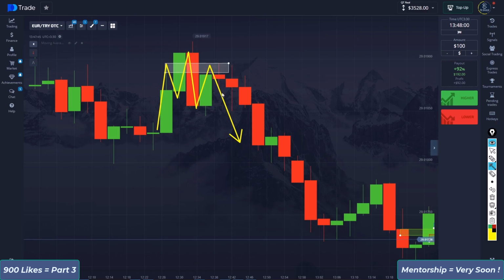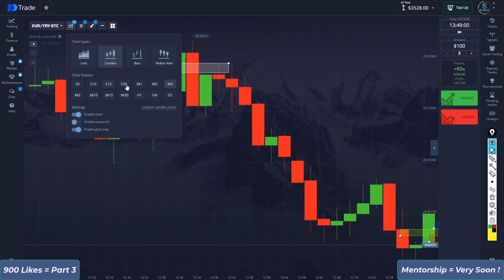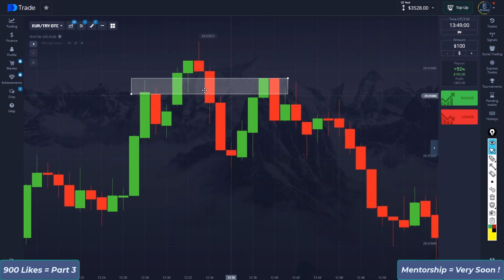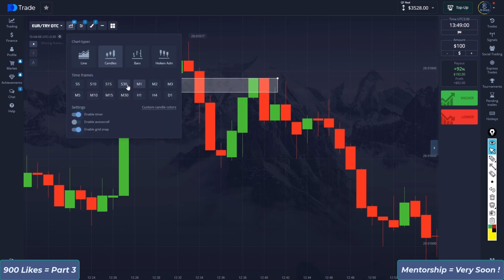Okay, as you remember from the first episodes, I told you how the market actually moves. Please also study the basic market structure. You will understand it better. So here let's look for a lower time frame entry.